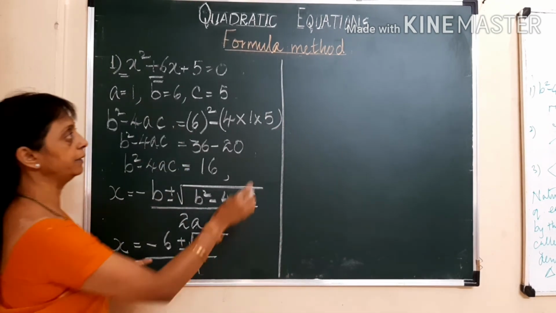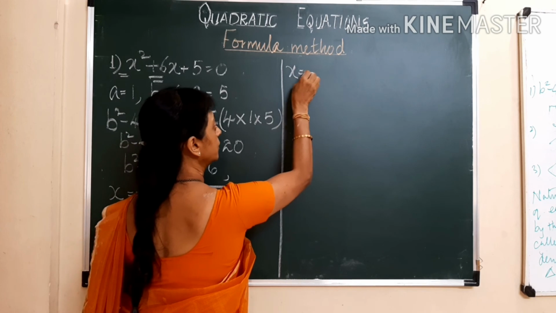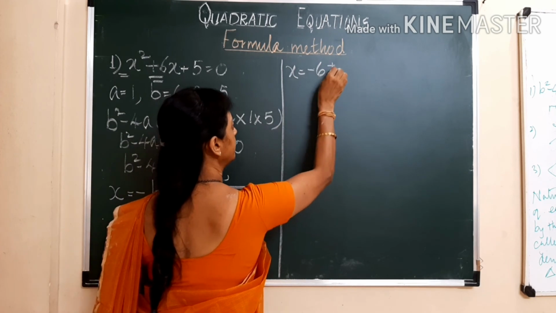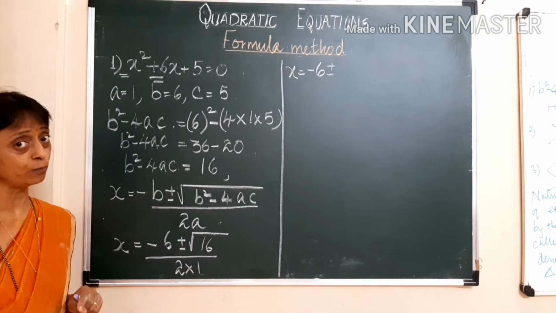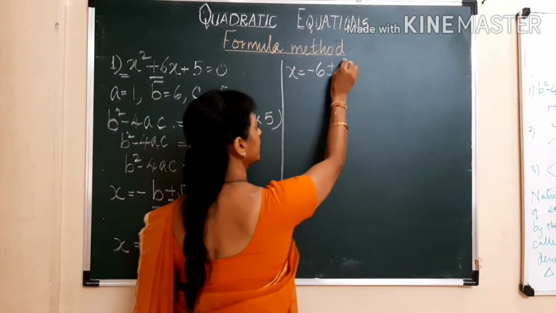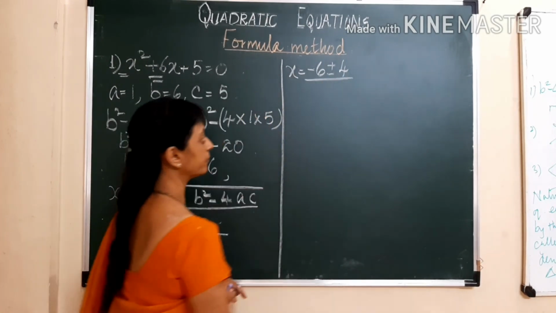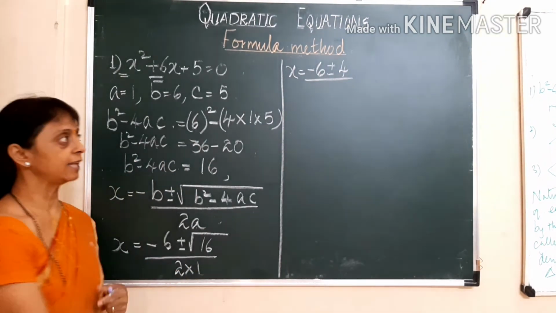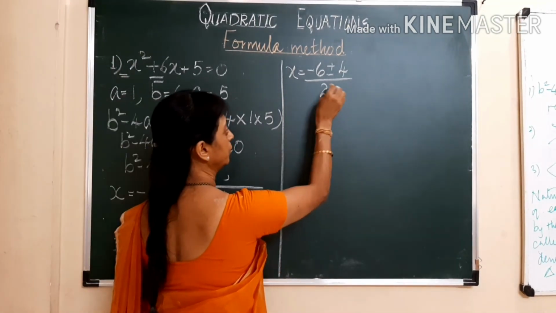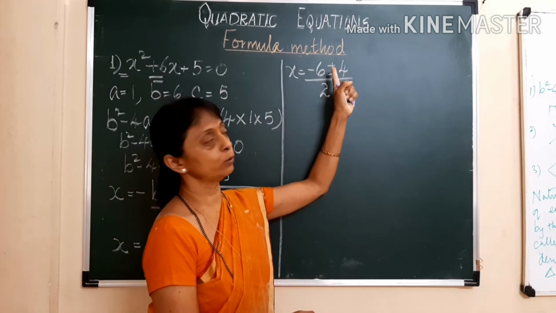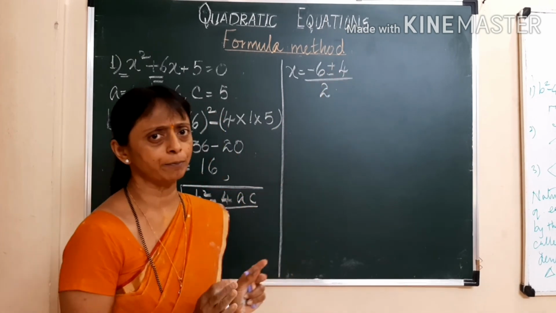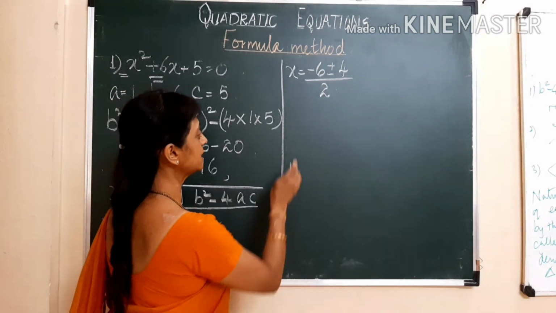Therefore, x will be equal to minus 6 plus or minus square root of 16, which is how much children over here? 4, upon 2 into 1, that is 2. So over here you get two values, one with a plus sign, one with a minus sign. So let's separate them out to get both the answers.